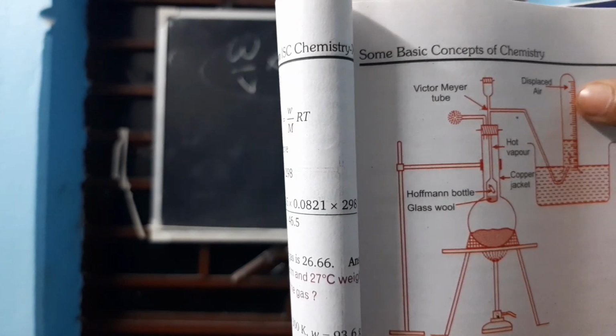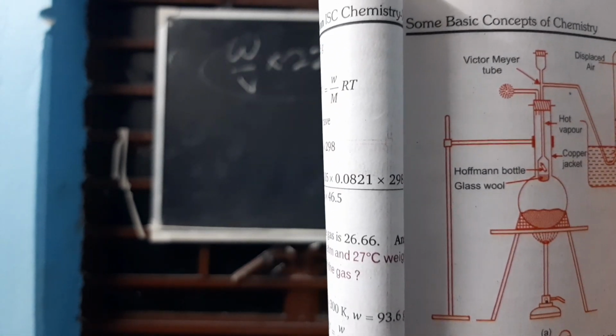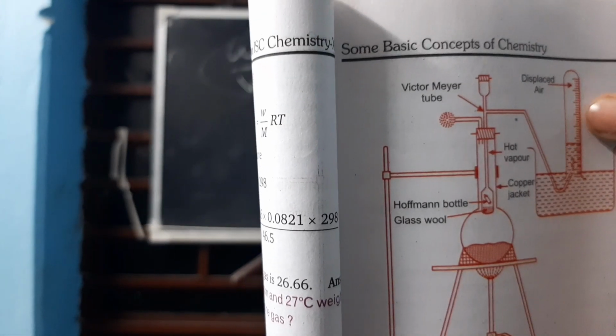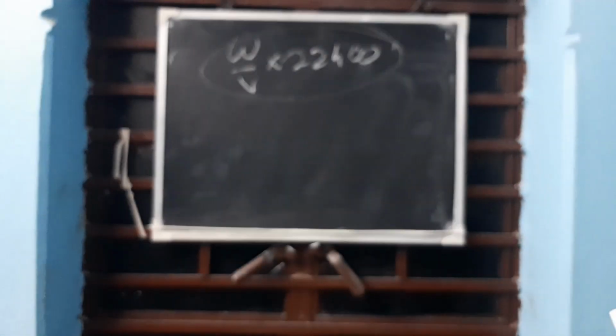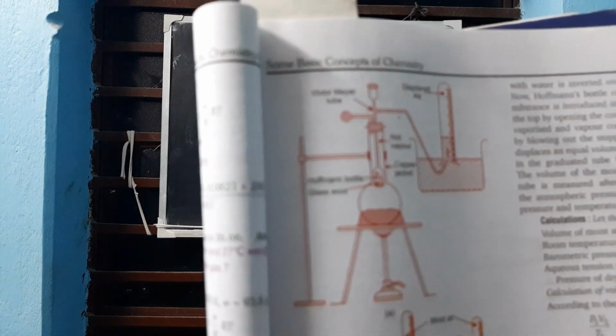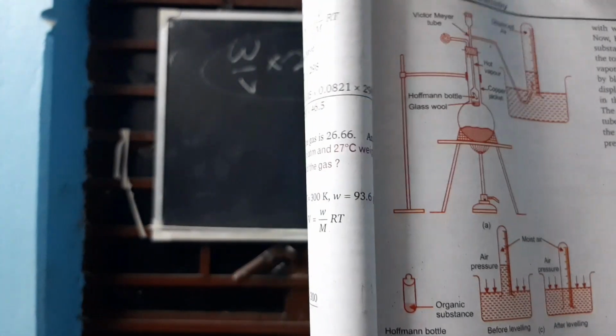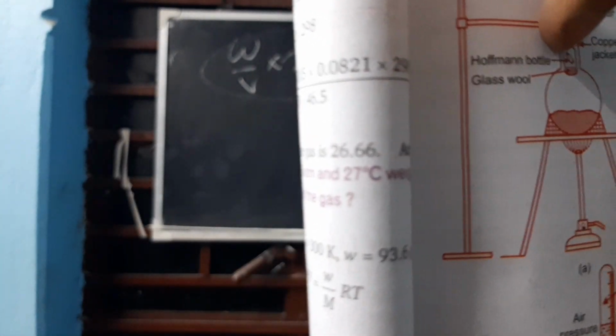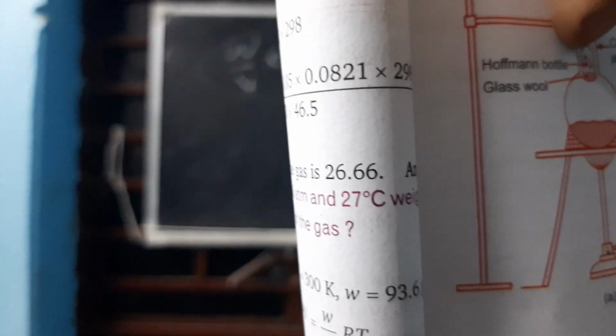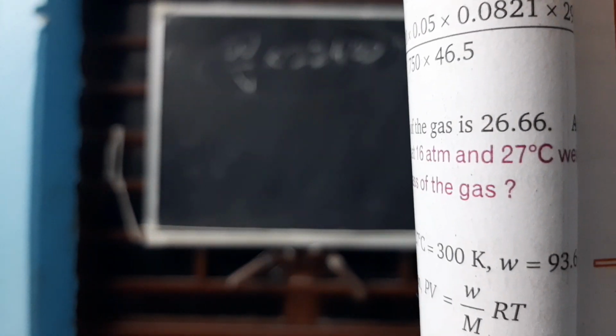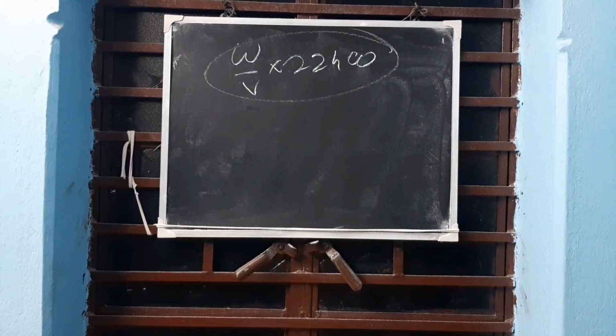So this reading can be taken over here. So what is the volume of vapor formed? That will be the air displaced from here. From there we are getting the volume. That is the volume which we put in the formula w by V. Clear? Here is the volume. We are getting the volume from this portion. Clear? Hoffman's bottle is this small one. Okay, this is the Victor Meyer's tube. So if you have the book, you can see it from there.